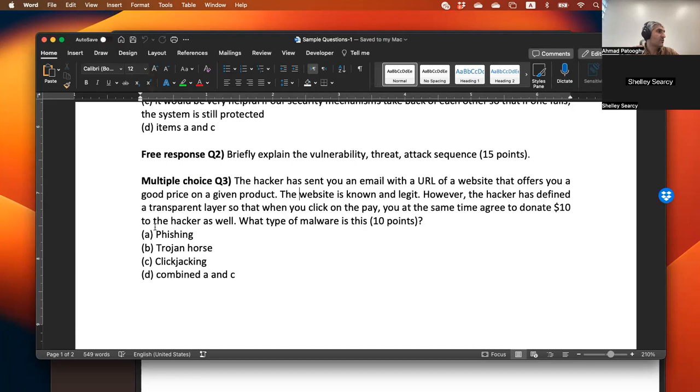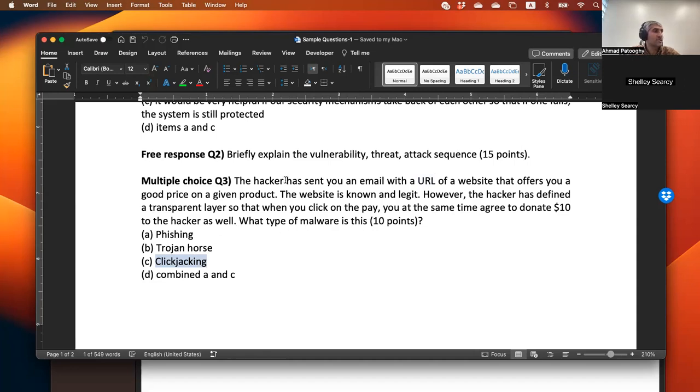So the answer here, of course, we are being referred to this page by the URL which is sent to us, so it seems to be a type of phishing attack. However, that's not the end of the story. We talked about another type of malware. We called it clickjacking, where you click on something, but your click either means something else to the system or is used for a different purpose as well.